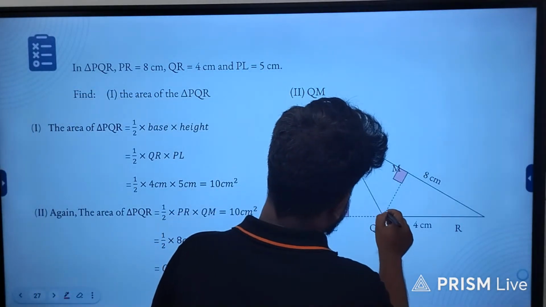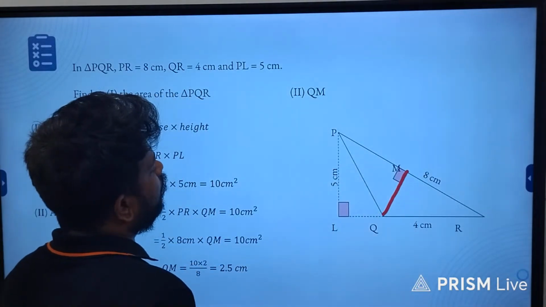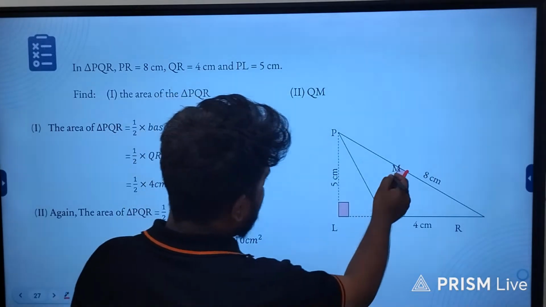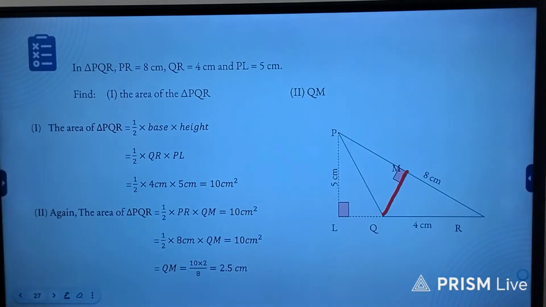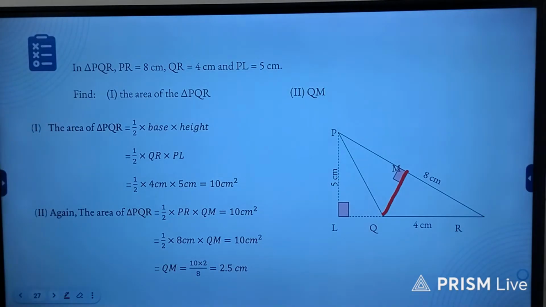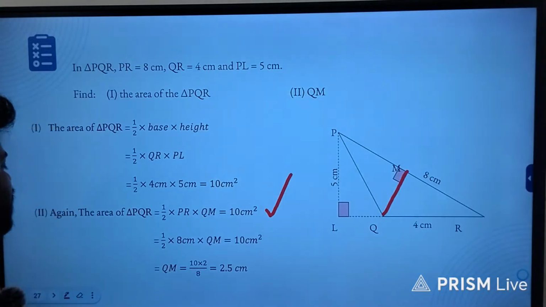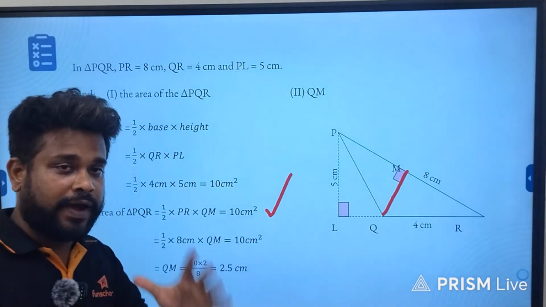From that point we will have to draw again a perpendicular from Q to PR, and that point will be named M. So the area of PQR is half into base into height, that is 10 centimeter square. Again the area of PQR is given by this, so the two areas will be the same as per our findings.